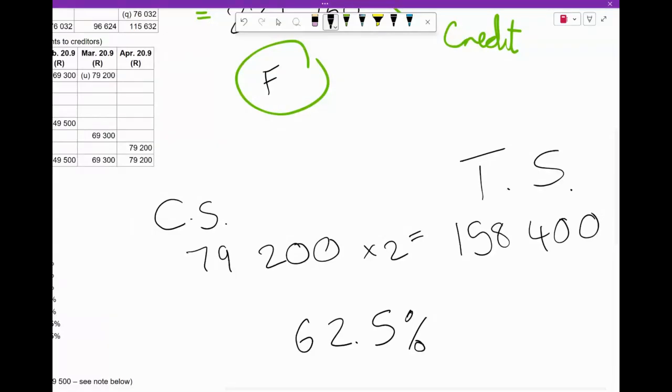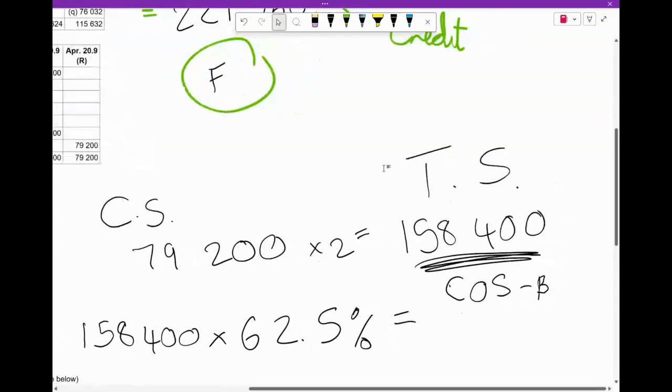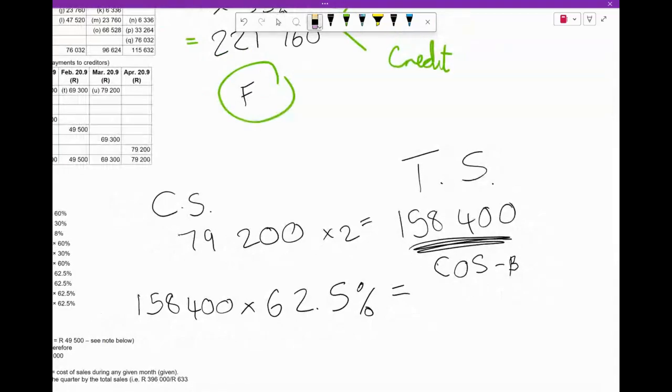They told us that in the information. So now we have our sales, and this should give us what? Our cost of sales, which we know is the same as our purchases, isn't it? Is it making sense now?